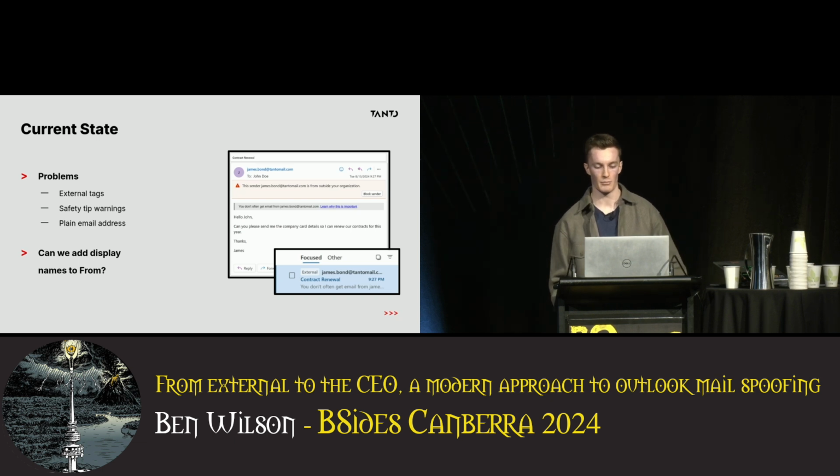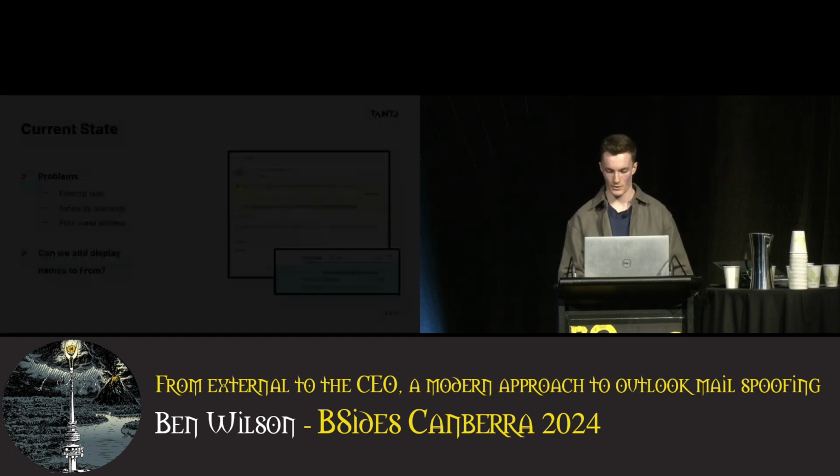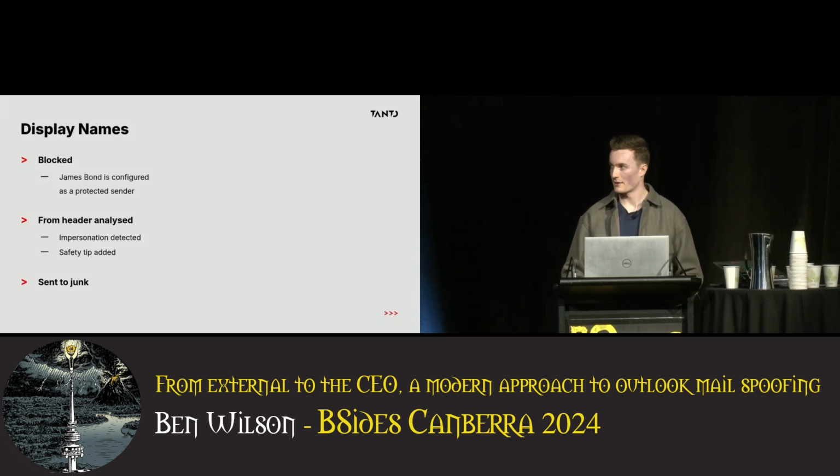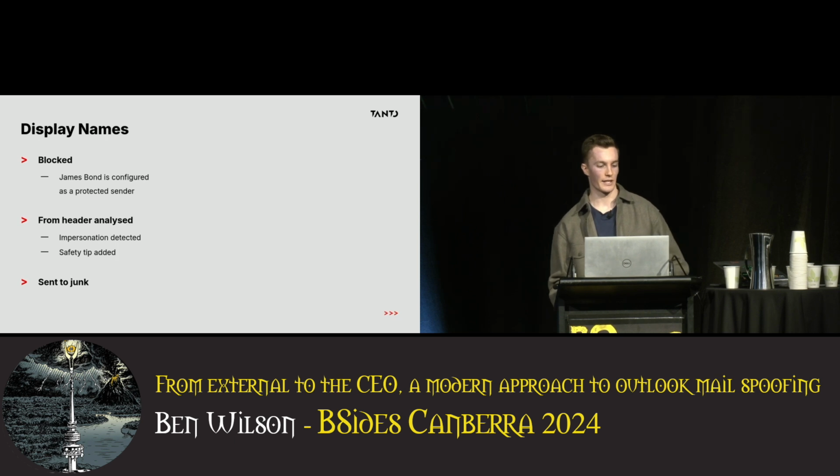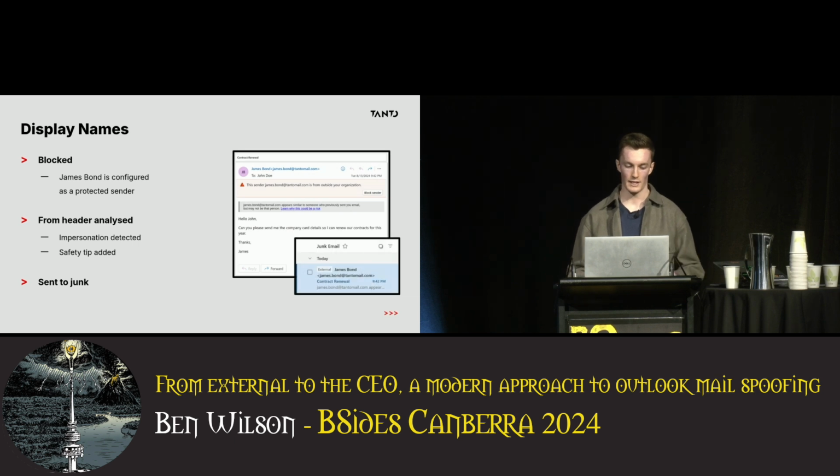So this is what it looks like without a display name. You've got james.bond@tantomail.com, and you can see we're getting the external tag and the first contact safety tip. So I added a display name, and interestingly I noticed it went to junk. I was first confused as to why, and then I realized I did configure James Bond as a protected sender.